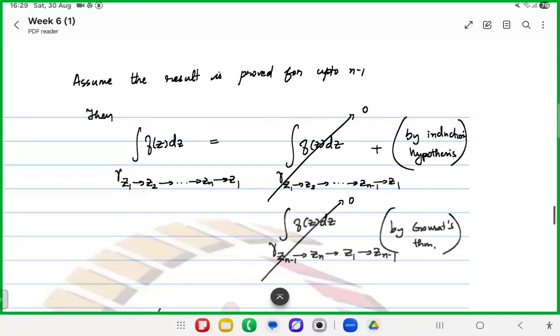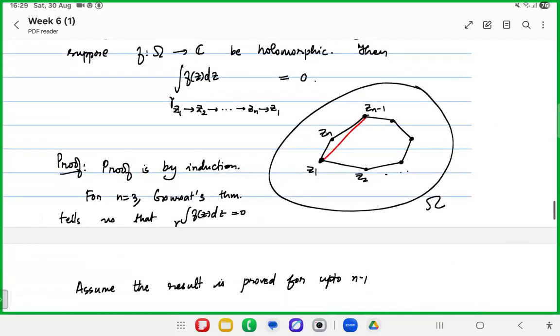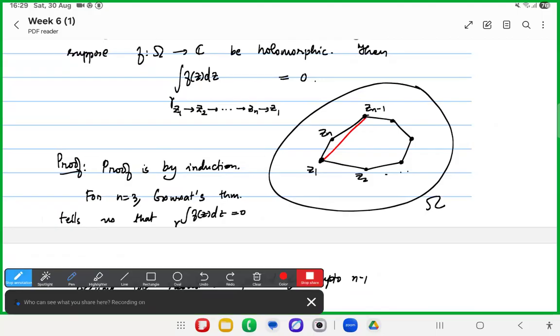Here they are using induction, but I was thinking that what we can do here is separate them into various triangles, right? And calculate for each triangle, each of these arcs, we have 3 line segments, and using the Cauchy-Goursat theorem, all integrals are 0.